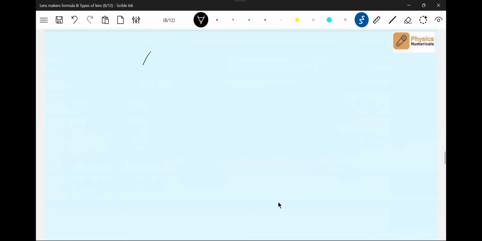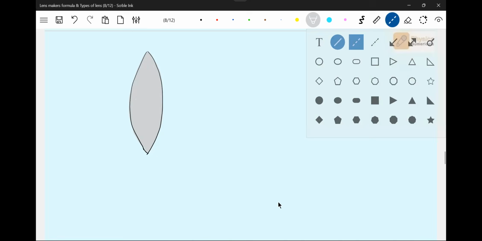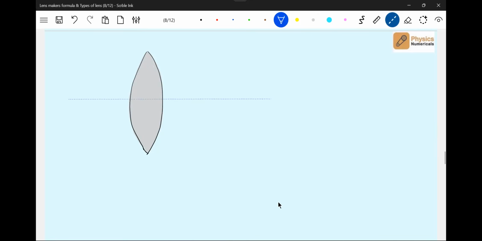Medium on either side of the lens is different means, let it be different here. Let this be mu1, mu2, let this be mu3.